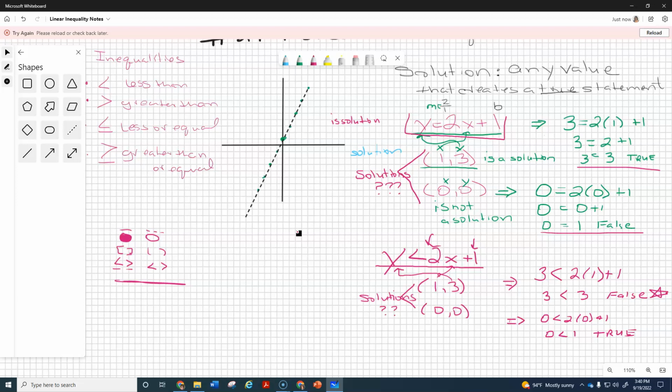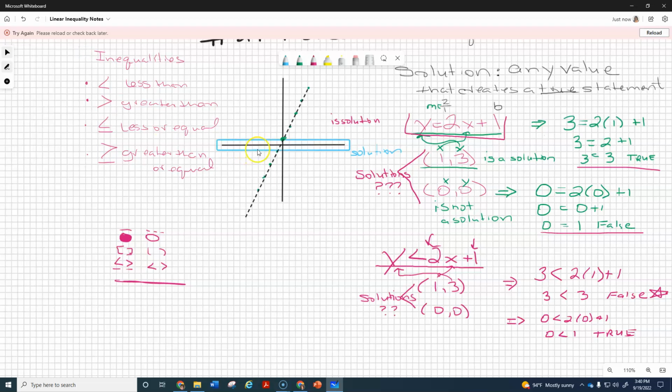It's going to be all the points up to the line, but not including the line. If we'd had the bar underneath it, then we would have made the line solid, and the point (1, 3) would have been a true statement, and it would have been part of my solution set. But when it's less than or greater than, like we see over here, our line is going to be the boundary line. It is not going to contain solutions though.